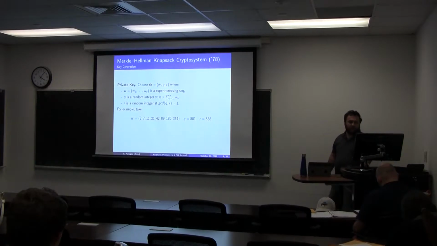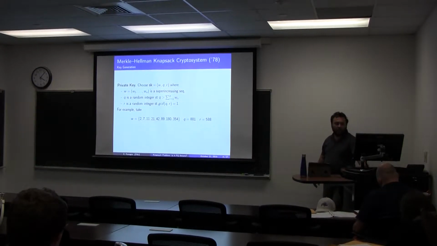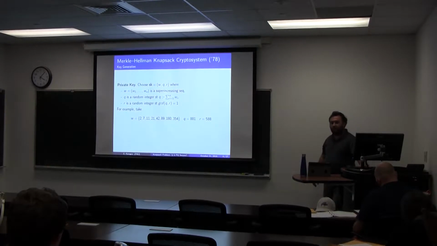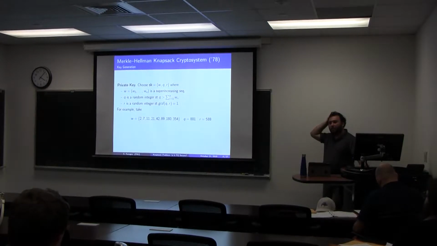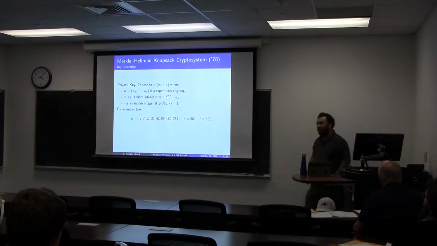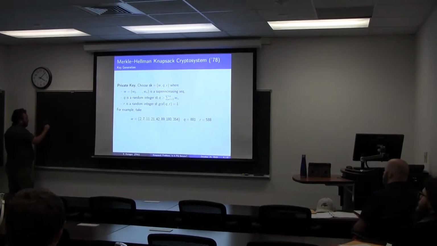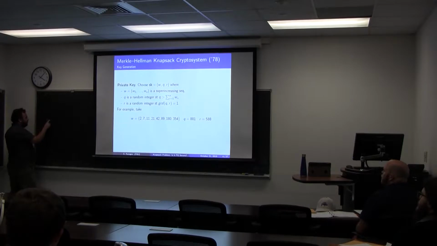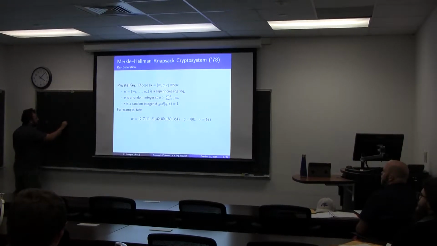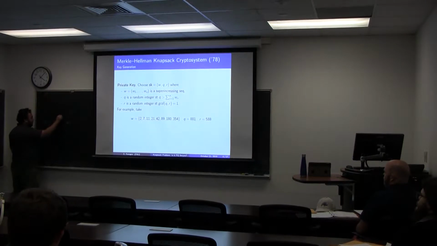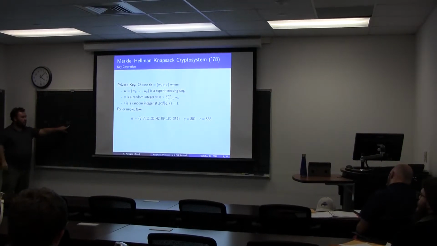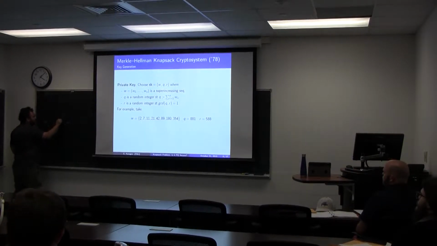Here we choose a private key w, q, r, where w is a super increasing sequence. Do you know what a super increasing sequence is? Anyone knows? A super increasing sequence means the j-th element of w is greater than the sum of the other components, the wi's from 1 to j minus 1.